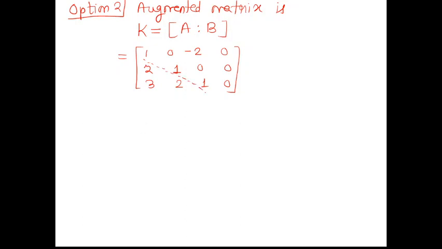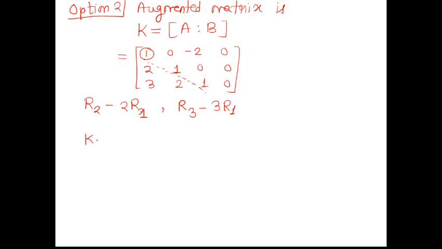So identify diagonal elements. First diagonal element is 1. All elements lying below this need to be converted into 0. For this, we will apply the operation R2 minus 2R1. And in order to convert 3, the operation would be R3 minus 3R1.